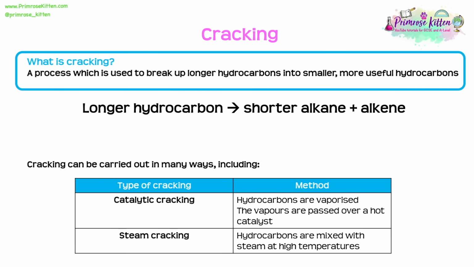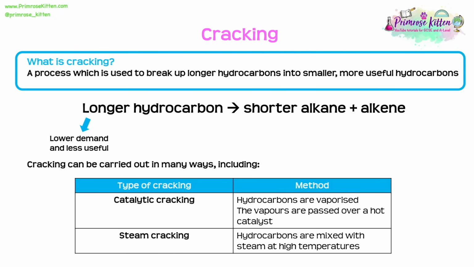So here we've got a general formula, and this is very loose because we can see it in lots of different formats. All that matters is that we have a longer hydrocarbon which gets broken down to a shorter alkane and an alkene. And what you're going to see here is this also needs to balance. So long as these rules are applied and it balances, then it is a valid equation for cracking.